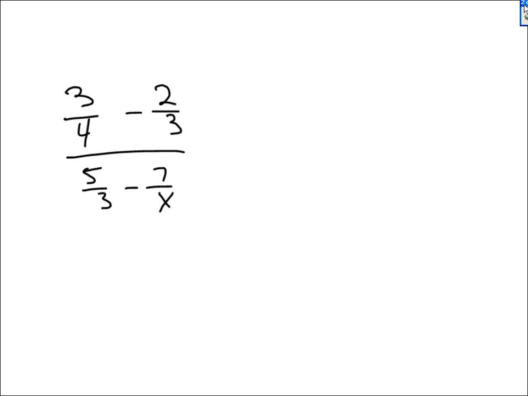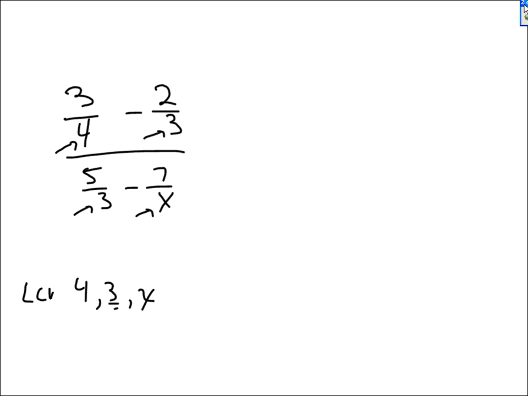You have 3 over 4 in the top, and in the bottom you have 5 thirds, and you take away 7 over x. So you need to look at 4, 3, 3, and x. I already wrote down 3, you don't have to write down the 3 twice.